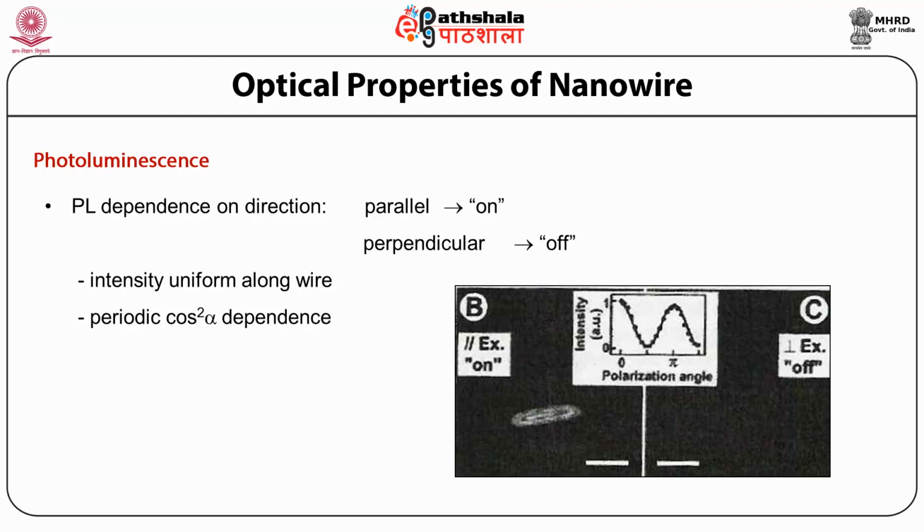A variety of optical techniques has shown that the properties of nanowires are different from those of their bulk counterparts. Although optical properties provide an extremely important tool for the characterization of nanowires, the interpretation of these measurements is not always straightforward.